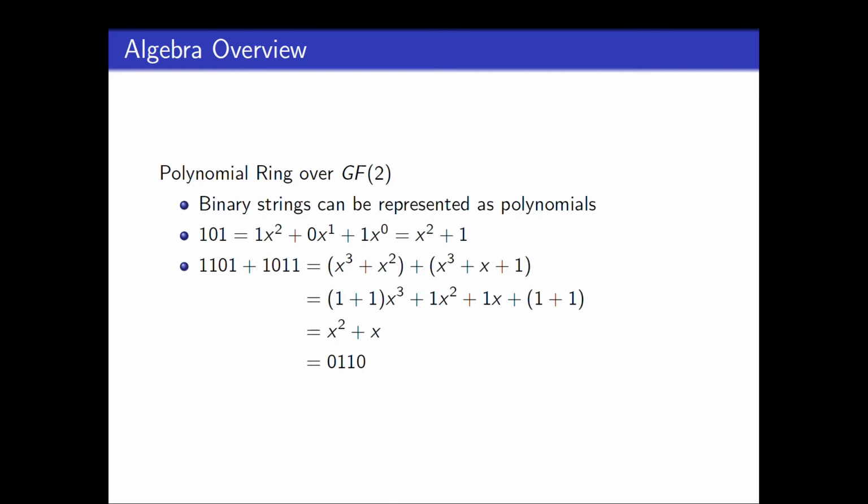Now that we have an entire field defined on ones and zeros on a single bit, we can string together bits by taking the polynomial ring over the Galois field of order 2.